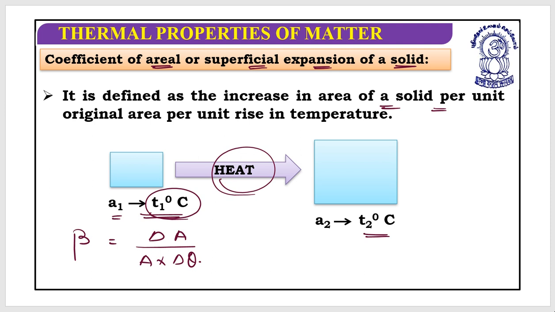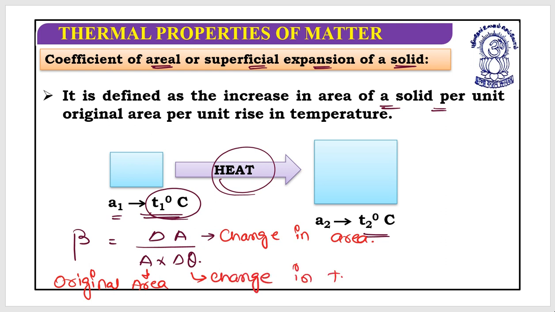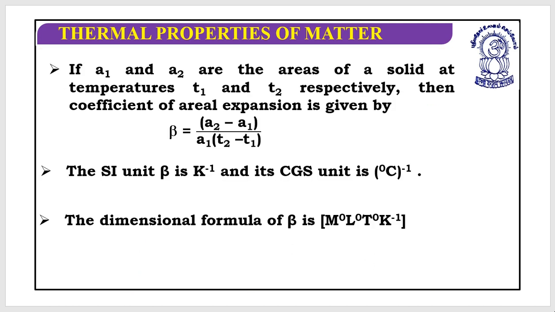So beta is equal to delta A by A into delta theta, where delta A is just the change in area, A is the original area, and delta theta is the change in temperature. I hope all these things are clear. The same thing one more time.